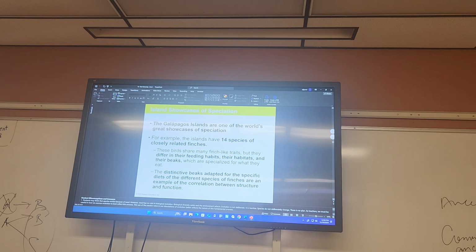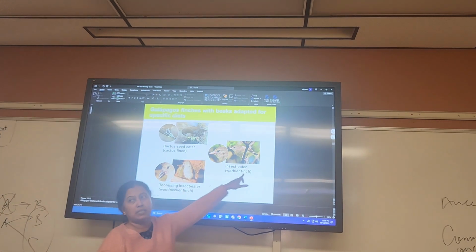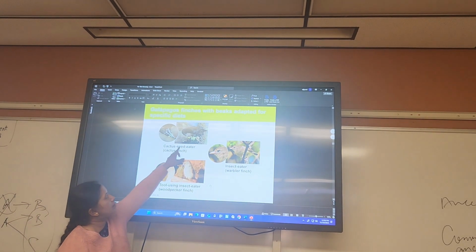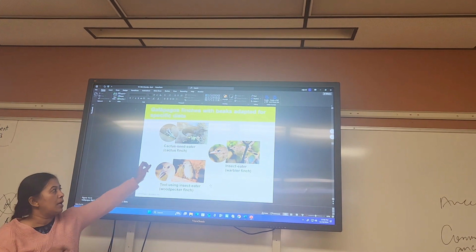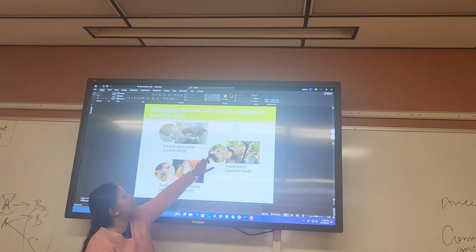Okay, so the distinctive beaks adapted for the specific diets of different species of finches are an example of correlation between structure and function. So you see, these are different types of finches existing on Galapagos Island. This is a cactus seed eater. Just focus on the beak. This is an insect eater. Is the beak the same as this?